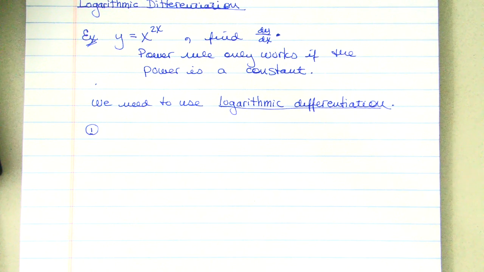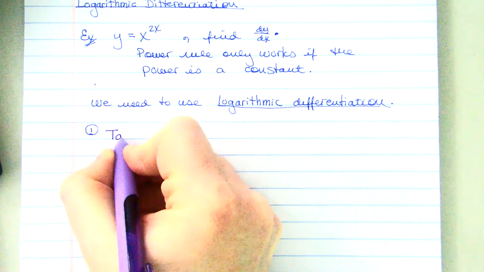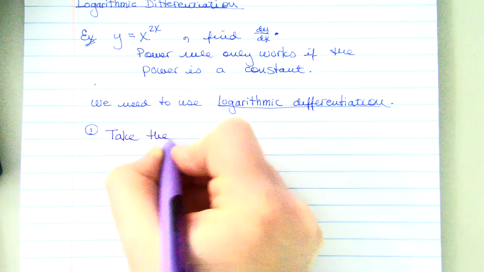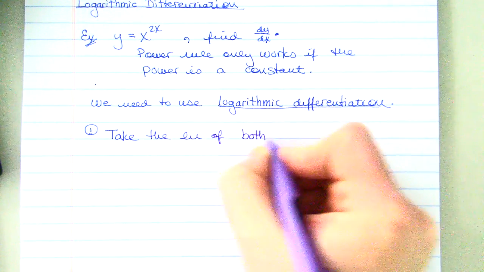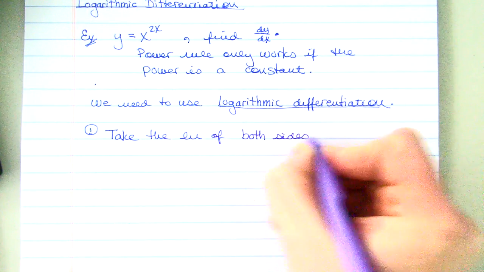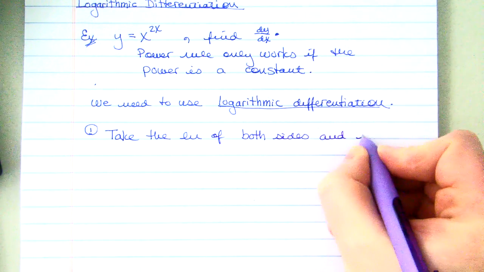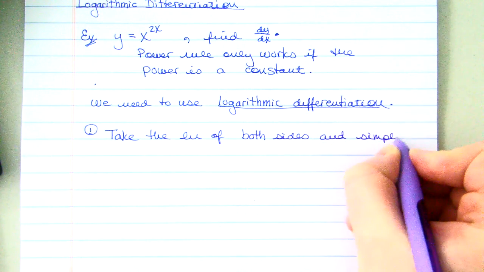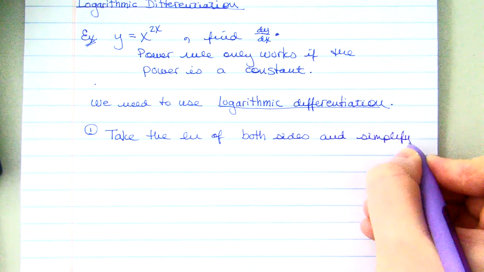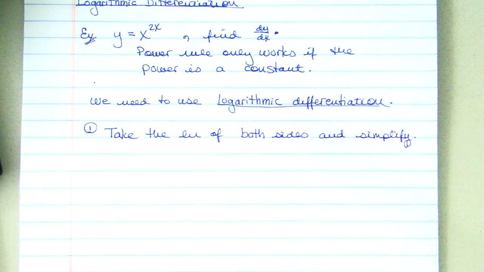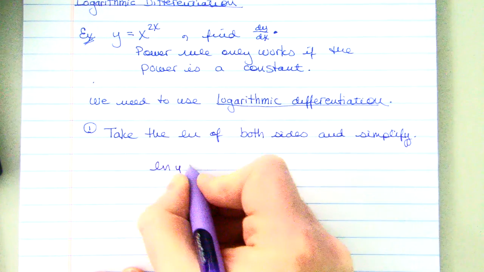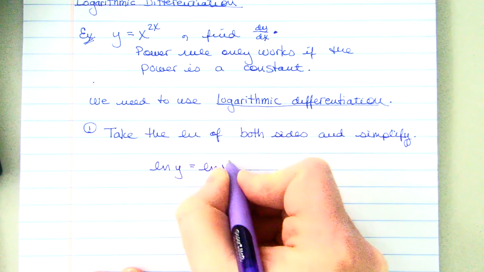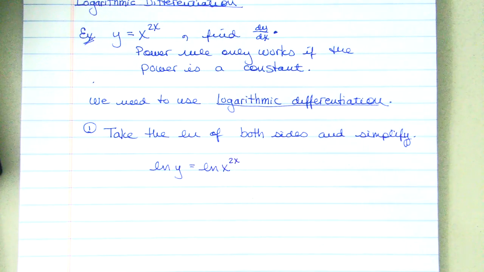What we're going to do is we're going to start by taking the natural log of both sides, and simplify. So I get the natural log of y equals the natural log of x to the 2x. I took something complicated and made it worse.